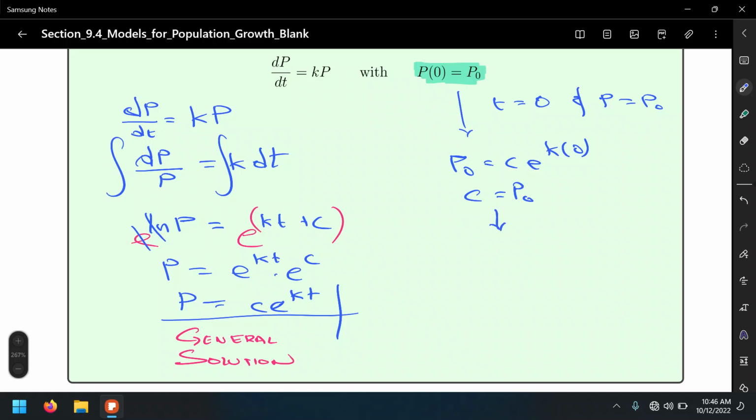Coming back to the general solution, plug back in what we had for C, and that's going to give us our particular solution, P of t equals P initial e to the kt. And of course, you've seen this model before. It's the exponential model.